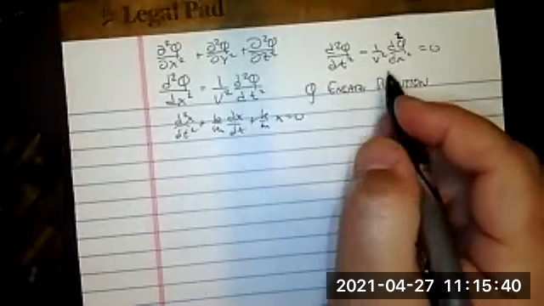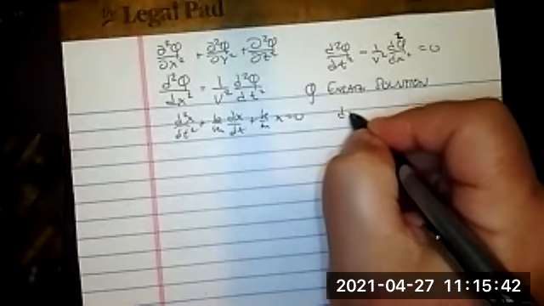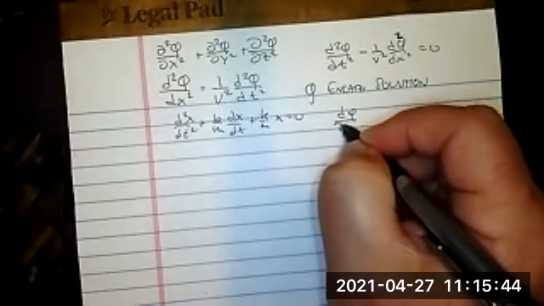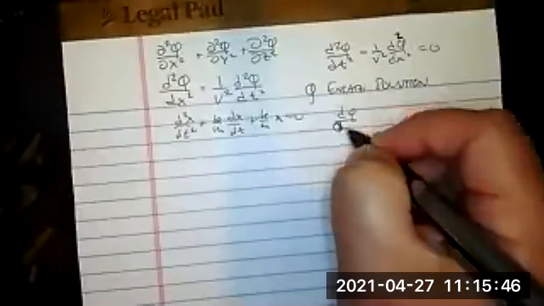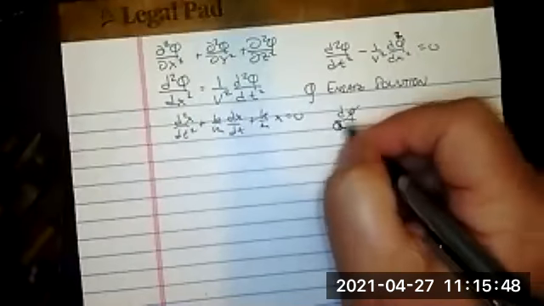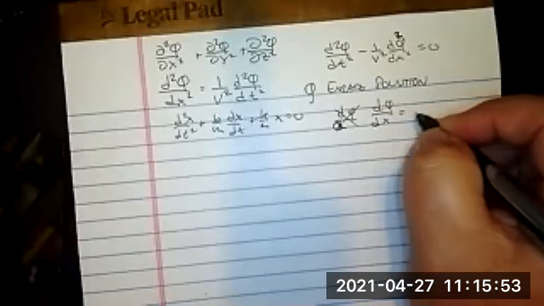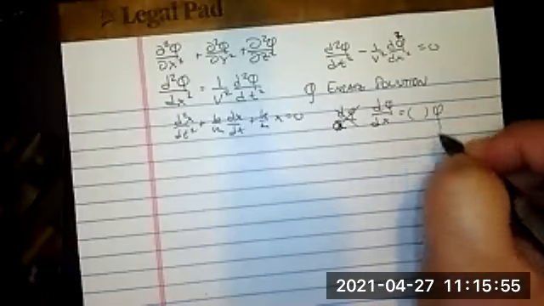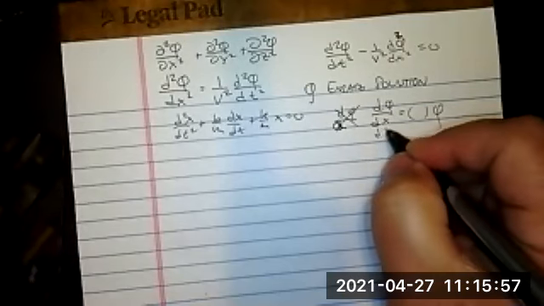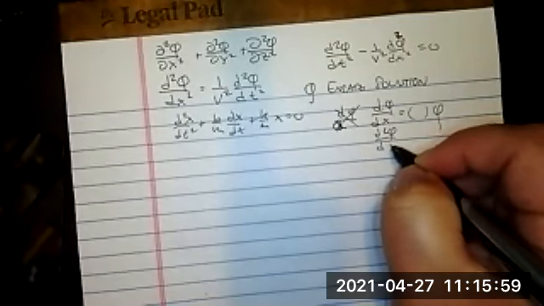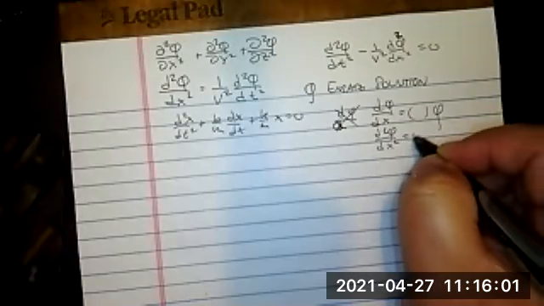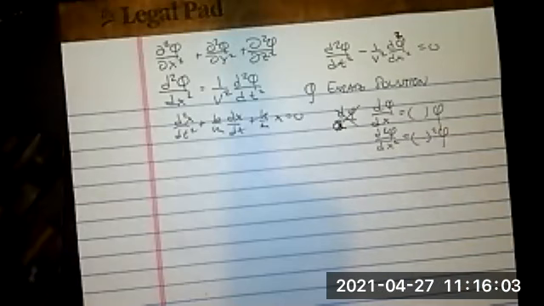You'd again use an ansatz solution such that d phi over dx is equal to something times phi, and d2 phi over dx squared is also equal to something squared times phi, something like that.